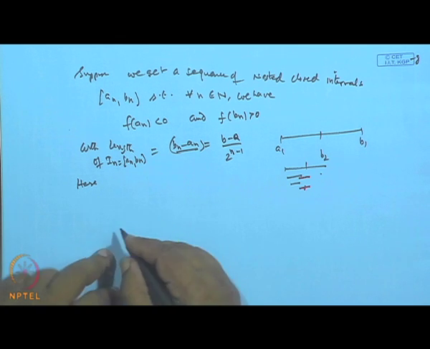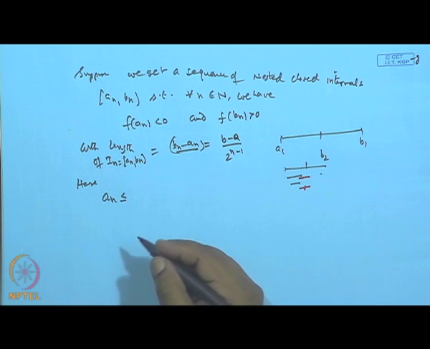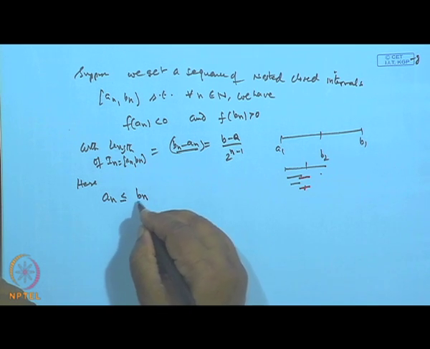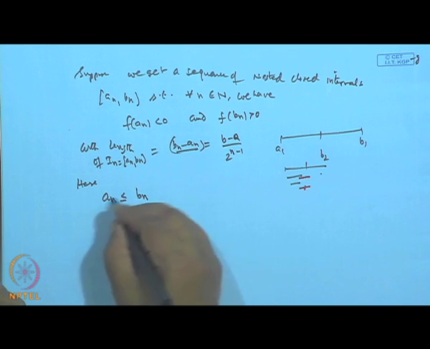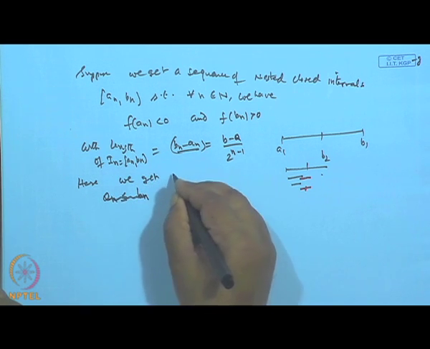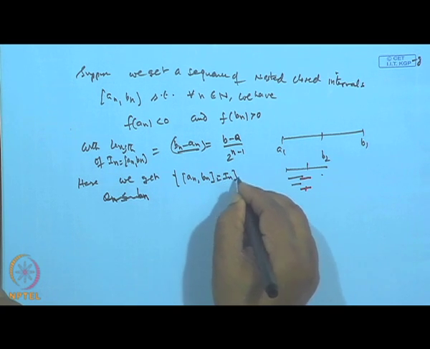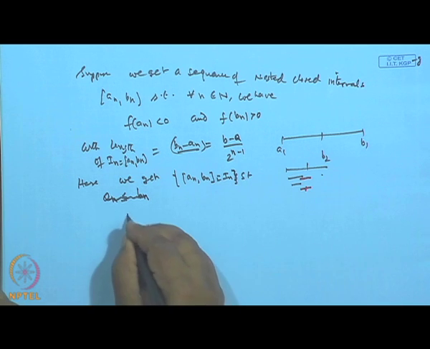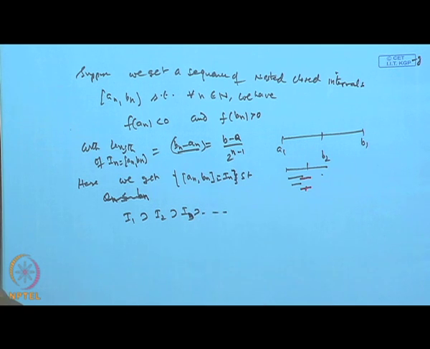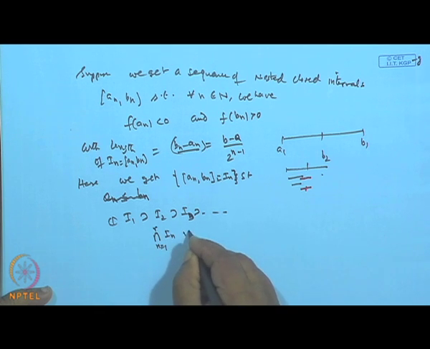Now, let us see, here we get a_n less than or equal to b_n, a nested interval. So, we get a sequence of nested intervals I_n equals a_n b_n, such that I1 covers I2 covers I3 and so on, and the finite intersection of I_n for n equal to 1 to r is non-empty.